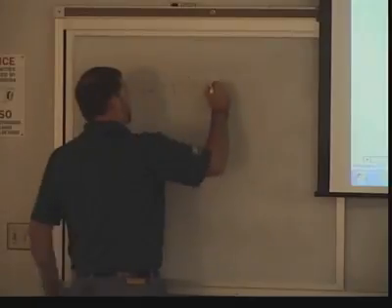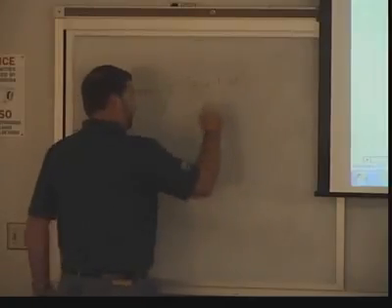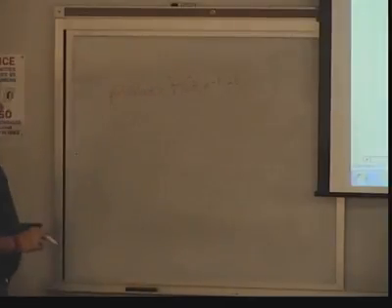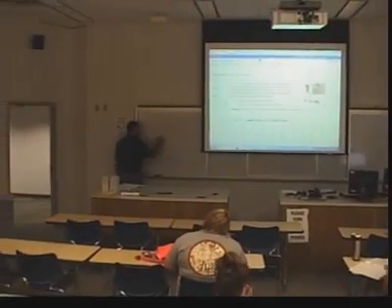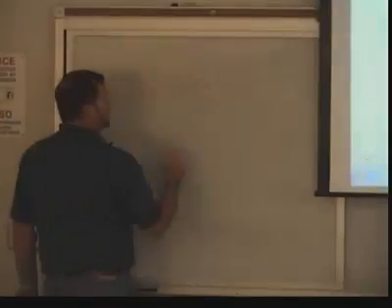So how do I find that? My p-value is going to be equal to 0.5 minus the probability that Z is between 0 and 1.28.